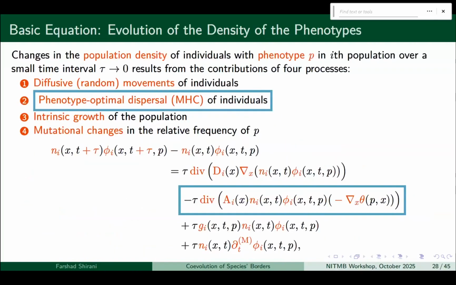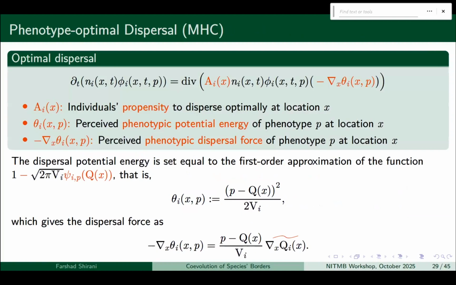Since the framework of the model is a reaction diffusion framework, the easiest way to model such a thing is by just adding an advection term to that master equation that we have. It is analogous to the drift diffusion equations that we have in physics.